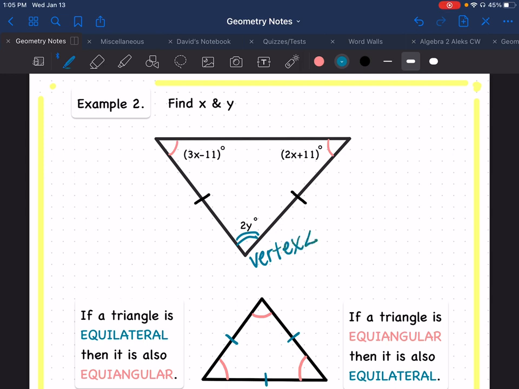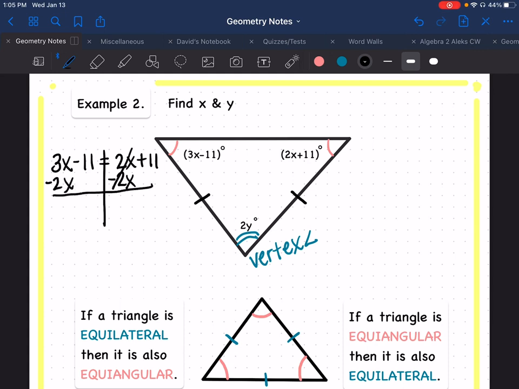Okay, so what I'm going to go ahead and do is use the base angle theorem, which says I can take my two peach angles, 3x minus 11, and set them equal to each other, 2x plus 11. And now I just draw my line and solve for x. Move one of your x's first.